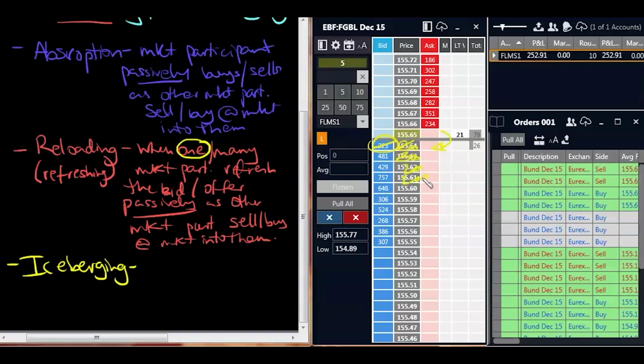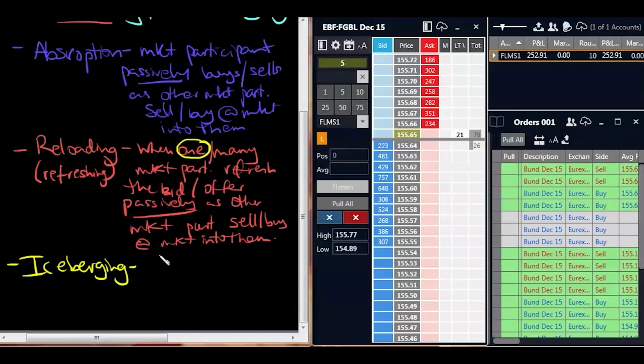Every single time it's the same amount being put on, I can tell that that's an iceberg, and that is characteristic of one buyer doing the same order again and again.